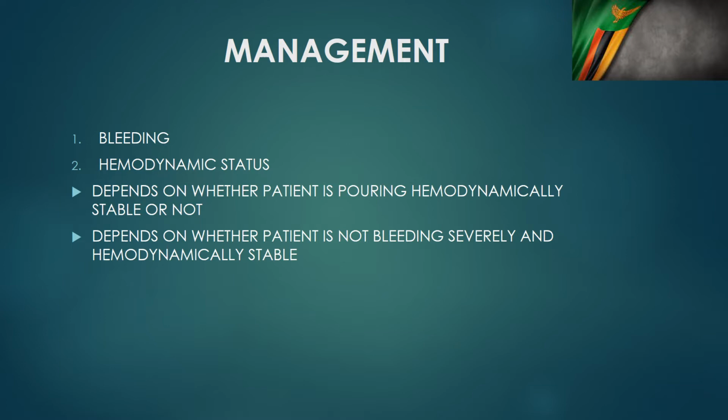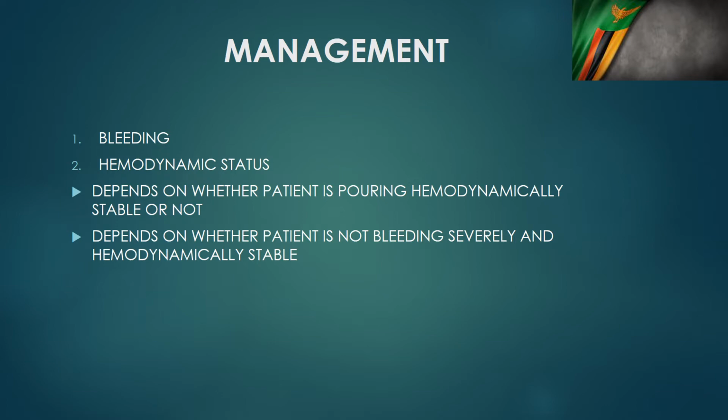Then sometimes the bleeding has happened, but the patient is hemodynamically stable. We need to be very, very careful about these patients. We need to separate hemodynamic stability from a torrential bleed.